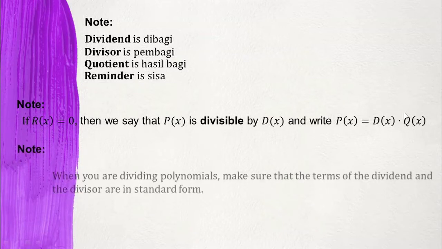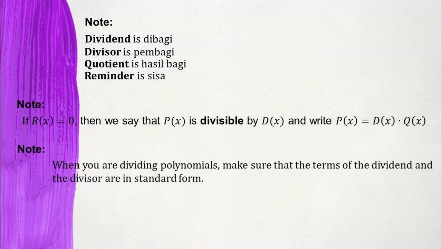And then another note, when you are dividing polynomials, make sure that the terms of the dividend and the divisor are in standard form. So when you have an equation that is not in standard form, you should make sure to change it to standard form.